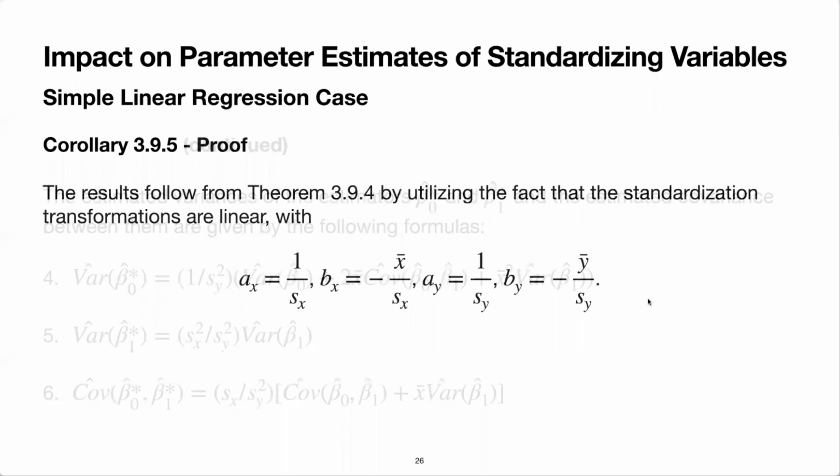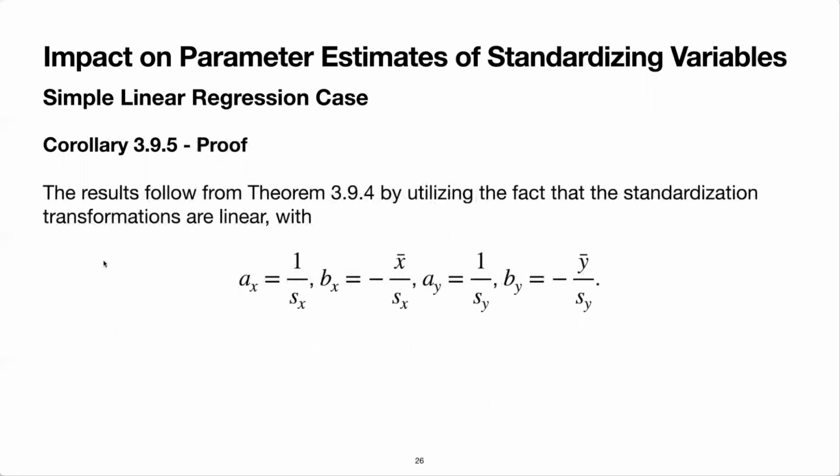Now, the proof of this corollary is very straightforward. We're just applying the previous theorem, theorem 3.9.4, and the result of this corollary follows directly by using the fact that standardization transformations are linear, where a sub x is equal to 1 over the standard deviation of the x's, b sub x is equal to the negative of x bar over the standard deviation of the x's, a sub y is equal to 1 over the standard deviation of the y values, and b sub y is equal to negative y bar over s sub y, the standard deviation of the y values.